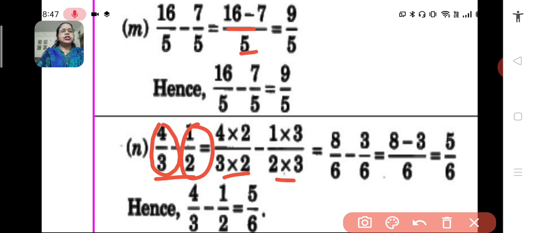We get 8 upon 6 minus 3 upon 6. So we retain the denominator and subtract the numerators. 8 minus 3 becomes 5 and the denominator is 6. So we get 5 upon 6. So 4 upon 3 minus 1 upon 2 is equal to 5 upon 6.